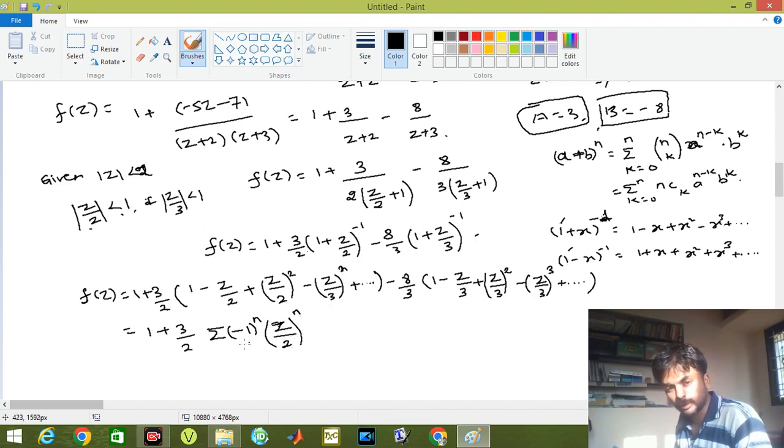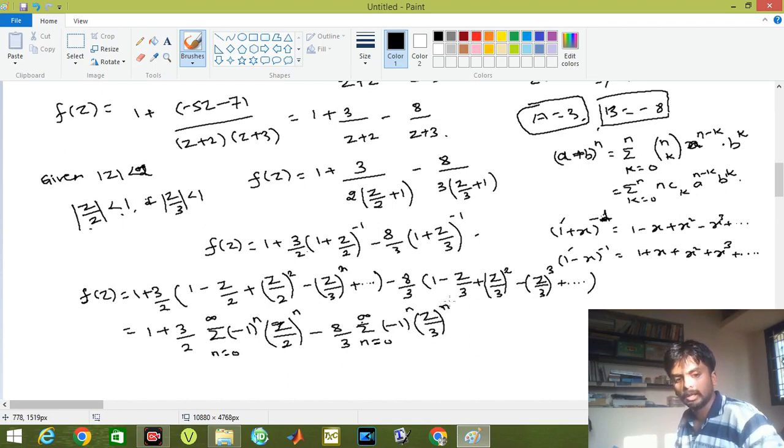If I put n equal to 0, anything to the power 0 becomes 1. So n equal to 0 to infinity. Then here we have minus 8 by 3 of, the same way, summation n equal to 0 to infinity, since plus and minus appear alternately, minus 1 power n, (z/3) whole power n.